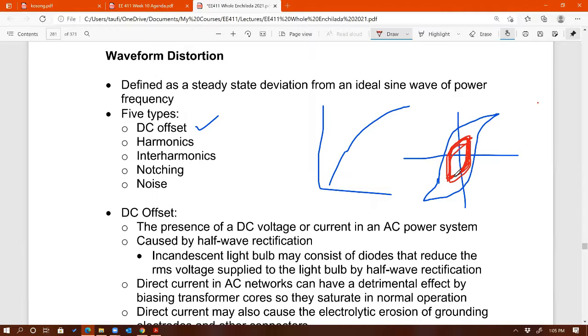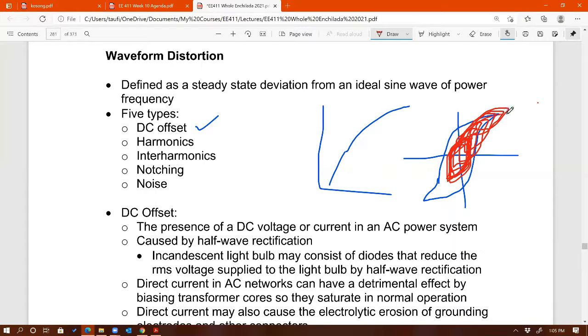But if it sees a DC offset, when it goes up, it will go up higher, right? But then it's the same voltage, so it's going to go down less for the same amount of fluctuation in the voltage. And then when it goes positive again, when it sees the DC offset, it will go higher again. And then the same amount of fluctuation the other way, right? So then eventually it will go to saturation like that.